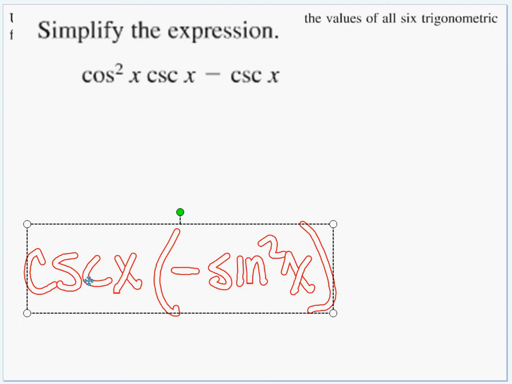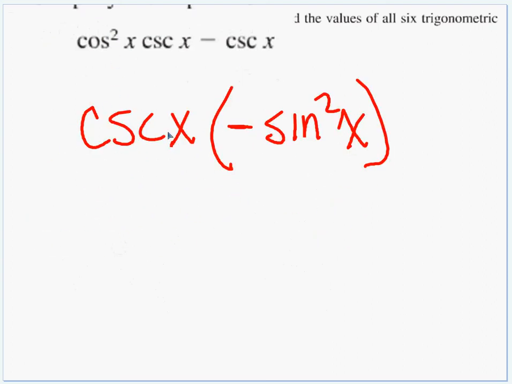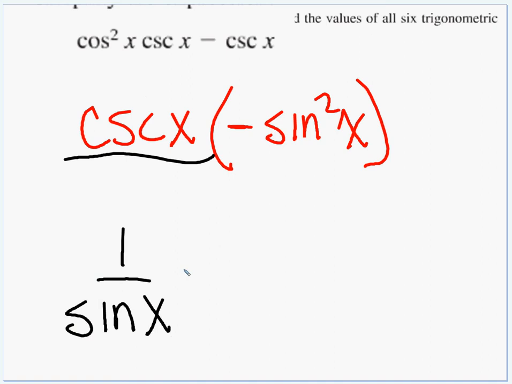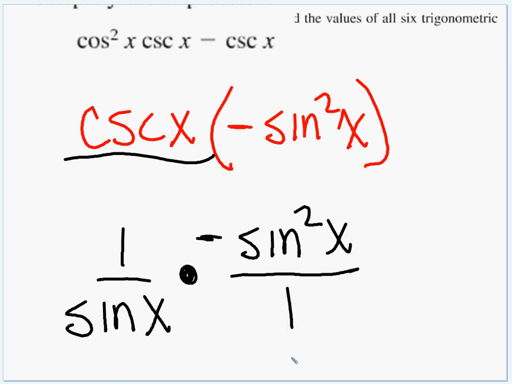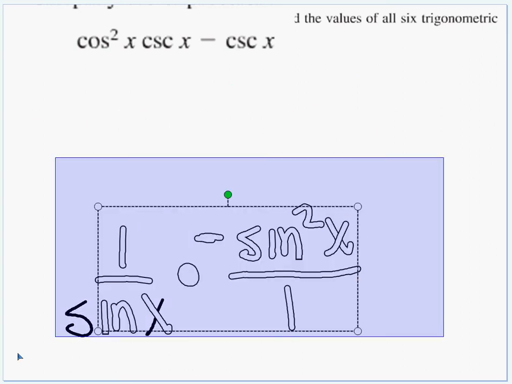But there is something else we can do, because this cosecant is the reciprocal of sine. So we could turn that cosecant into 1 over sine x times, and I'm going to make this a negative sine squared over 1, so it is in the form of a fraction. Ooh, now look what's going to happen here.